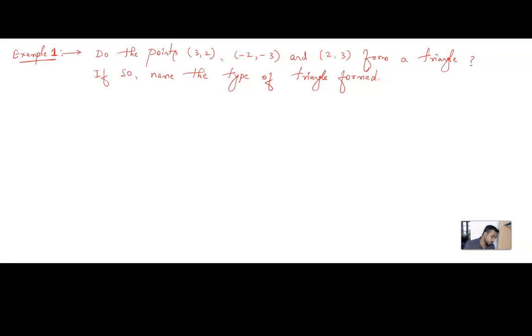Look at here, children. We are going to solve example number 1. Do the points (3, 2), (-2, -3) and (2, 3) form a triangle? If so, name the type of triangle formed. Okay. See, children. Here he has given 3 coordinates: (3, 2) is the first coordinate, (-2, -3) is the second coordinate, and the third coordinate is (2, 3).